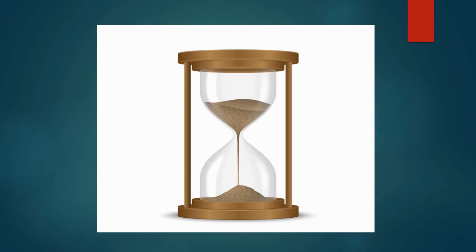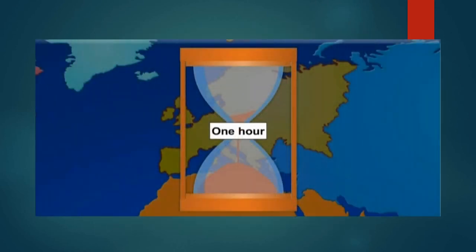The hourglass was constructed in such a way that it took 1 hour for all the sand to fall from one vessel into the other. The clock was turned over as soon as all the sand had fallen into the lower vessel. This is how a period of 1 hour was measured.